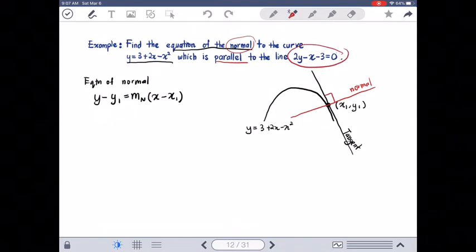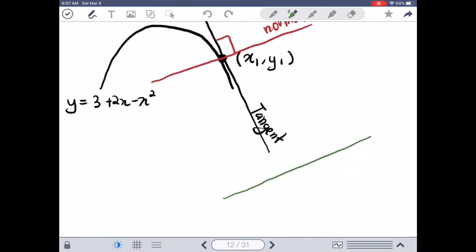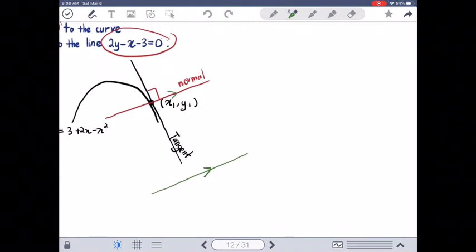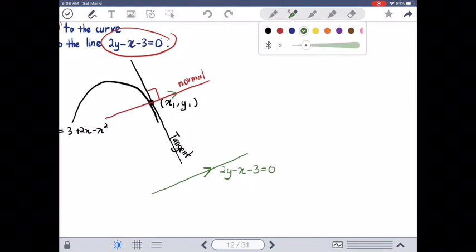That means there exists another line, which is probably not on the curve, or probably it will be on the curve, we don't know, but there's another line which is parallel to the normal, such that the equation of this straight line is 2y minus x minus 3 equals 0.